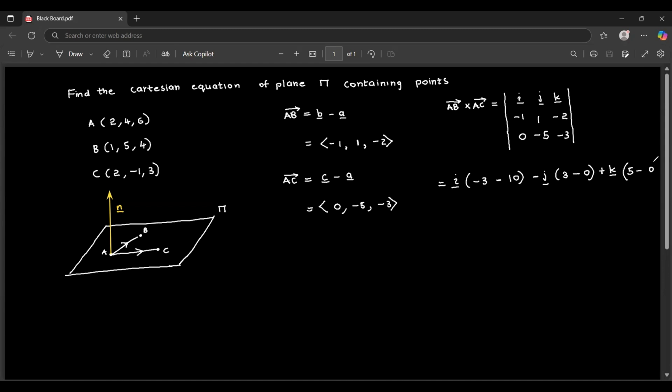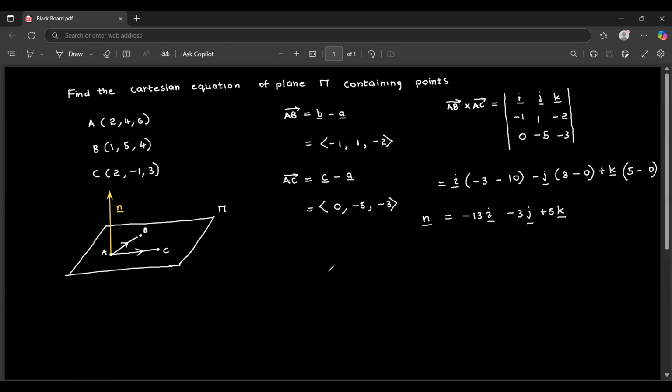Totally, this will be -13, so I will directly write it down as -13i, and we have -3j, and then plus 5k. So this is the normal vector to AB and AC, or we can say it's the normal vector to the plane phi.